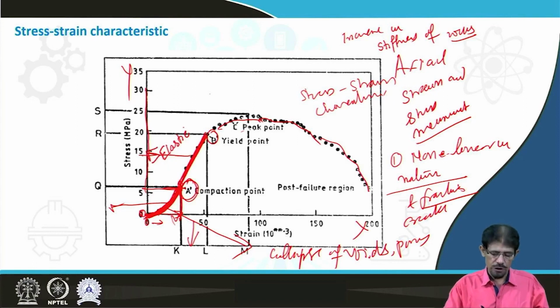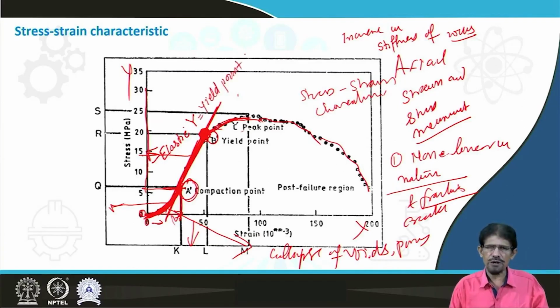When we draw a tangent on this stress-strain line, we can say that now the stress-strain behavior started departing from this linearity and again became non-linear. This point, which indicates the behavior of stress-strain departing from the linearity, is recognized as the yield point.